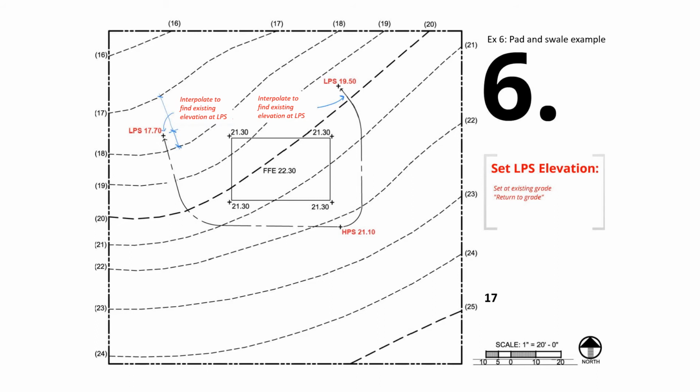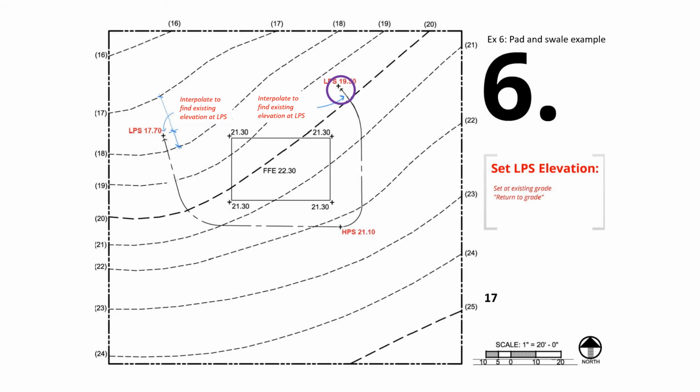Okay? Now, here are 2 different ways to set the LPSs. Let's look at the one on the east first, the easier case. From previous slides, we have decided to locate this LPS in this area. For ease of testing and calculation, we could simply intentionally set LPS midway between the 19 and the 20 contours at the elevation of 19.50.